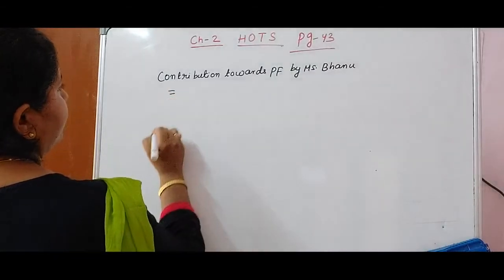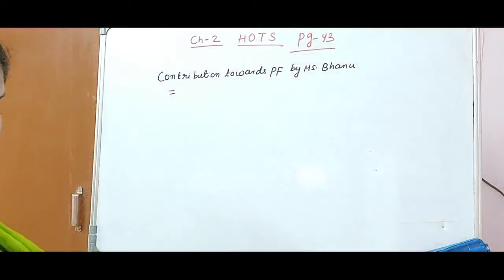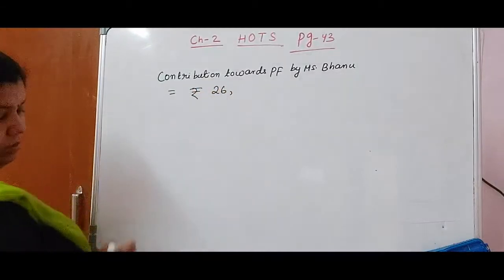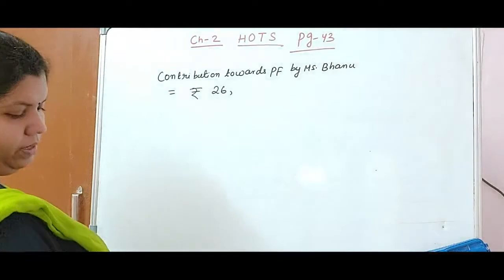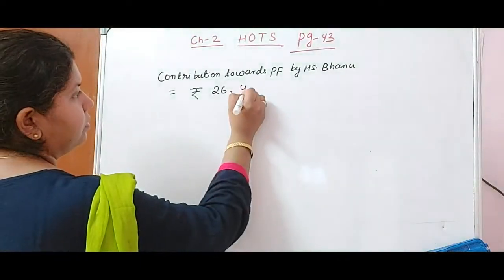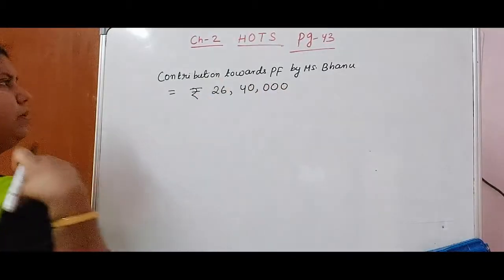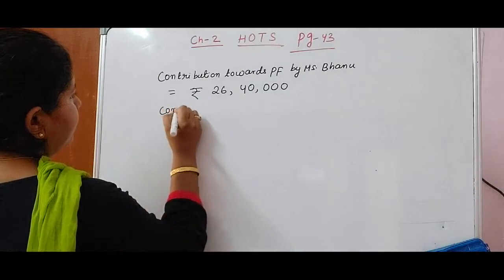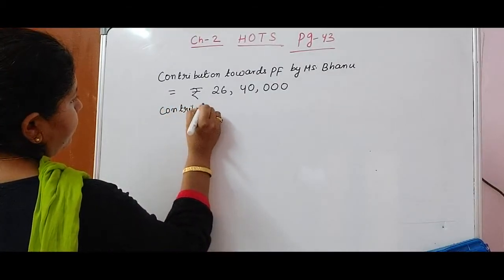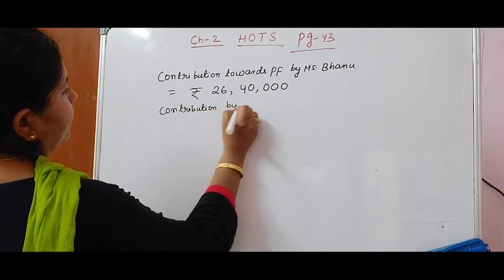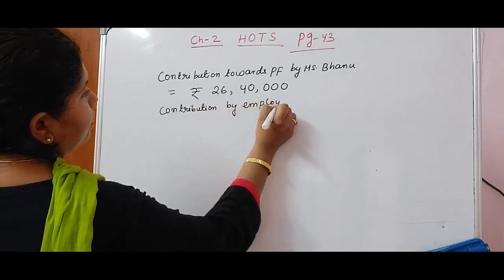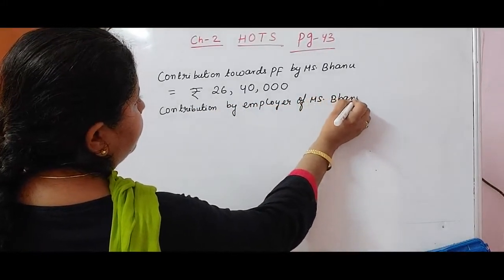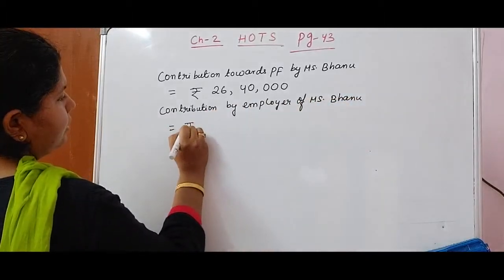Equal to rupees 26 lakh 40,000 rupees. This much is a contribution towards PF. Then contribution by employer of Ms. Bhanu is equal to rupees 8 lakhs.